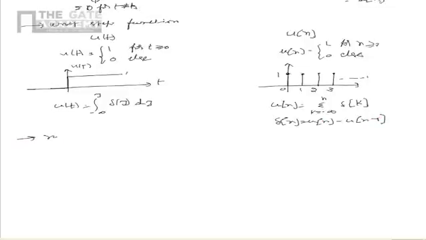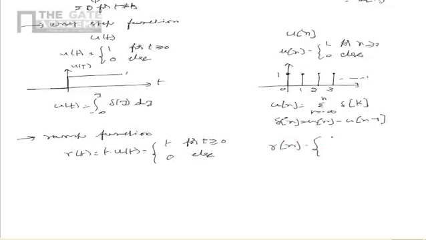Another elementary signal that we would be looking into is the ramp function. In the continuous time case, the ramp function can be written as r of t is equal to t into u of t, which means it would be t for t greater than or equal to 0 and 0 otherwise. Similarly, in discrete time case, r of n can be written as n for n greater than or equal to 0 and it is 0 otherwise.